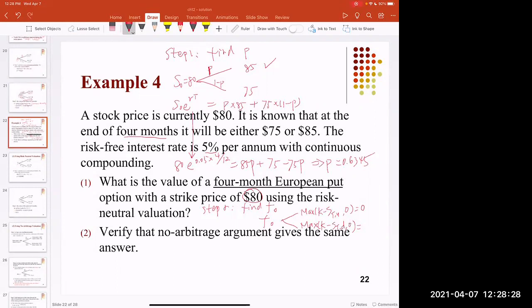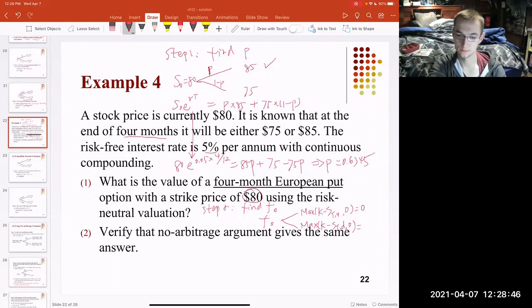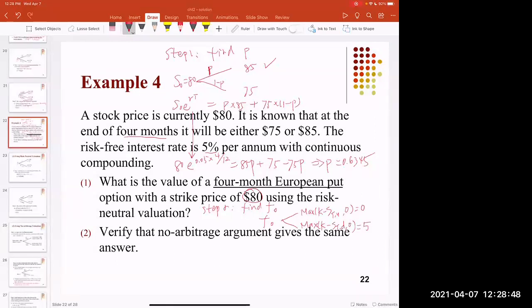And when the stock price goes down, what would be the payoff for the option? 5. Yes. Because K is 80 and the stock price going down is 75, so 80 minus 75, that's 5.